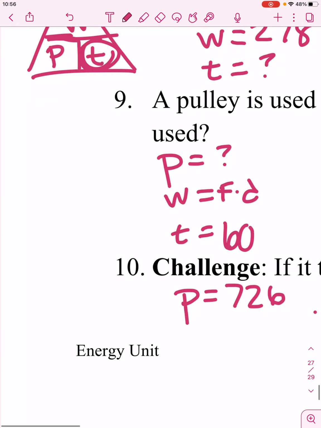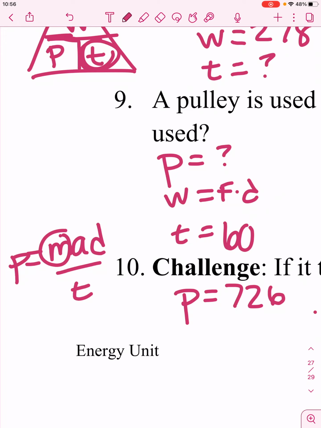All right, and in order to do that, I really have to rearrange my equation here. So the first thing that you want to do is get rid of your T in the denominator here.